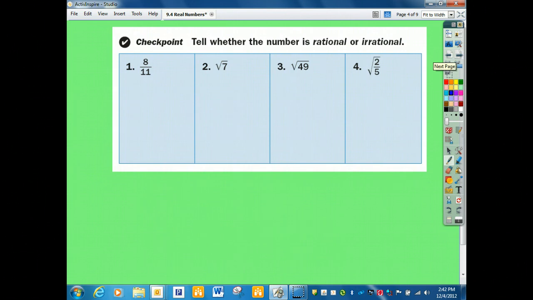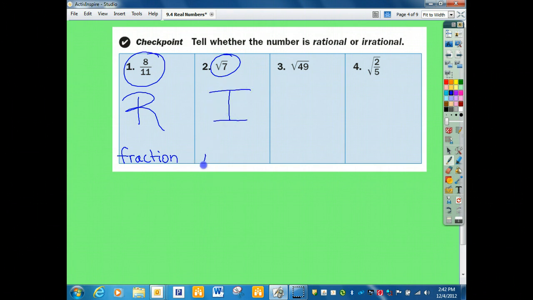All right, checkpoint. Number 1. Rational or irrational? Rational. Why? Because it's repeating. No. Oh, okay, it's a fraction. It's a fraction. Therefore, it is rational. Rational or irrational? I or R? I. Why?